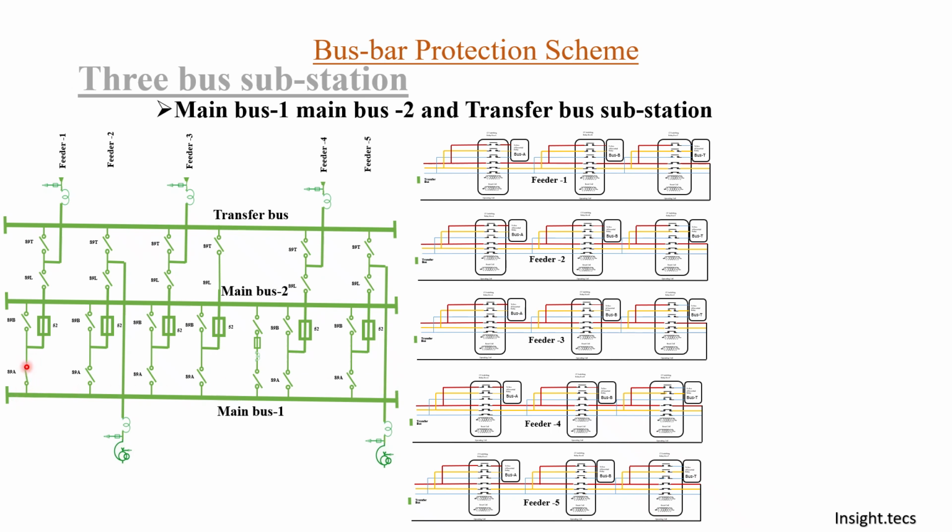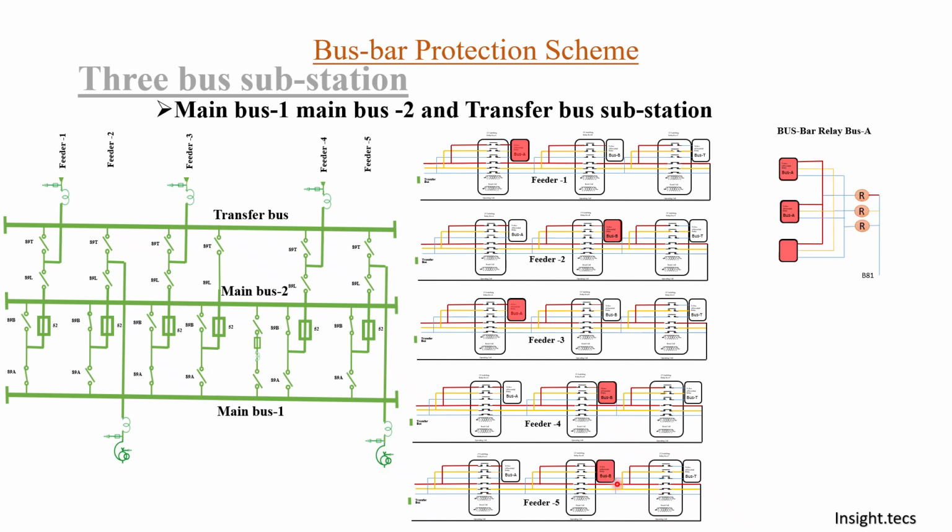Say feeder 1 is connected by 89A to bus A, then CT selection will be done for bus A. Next, feeder 2 is connected to bus B, then for feeder 2 CT switching will be selected for busbar protection of bus B. Next, for feeder 3, isolator A is operated, that means it is connected to bus 1, so CT switching will be done for differential protection of bus A. Next, feeder 4 is connected to 89B, that means 89B is operated, that means bus B selection is done, and similarly 89B is closed for feeder number 5, again bus B CT selection is done.